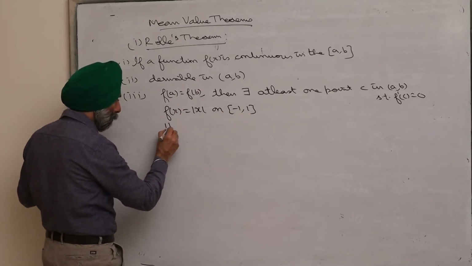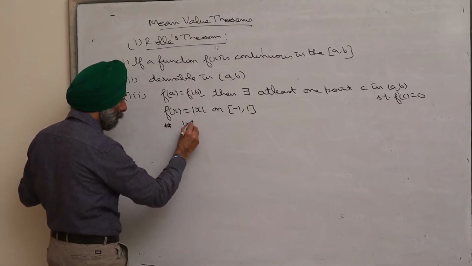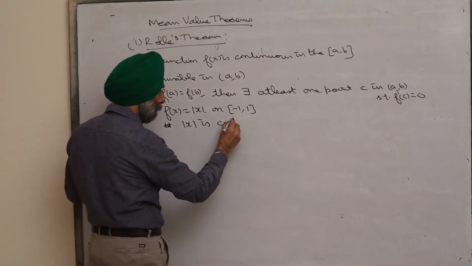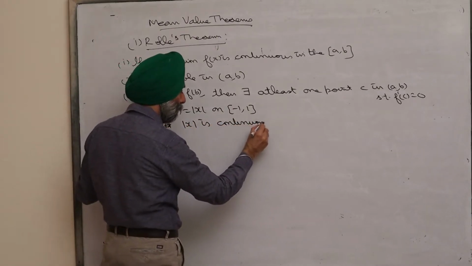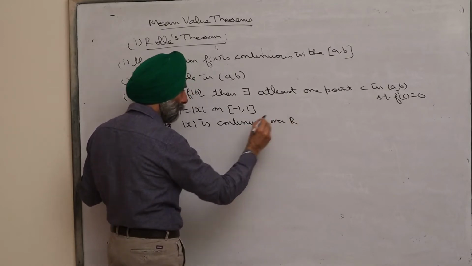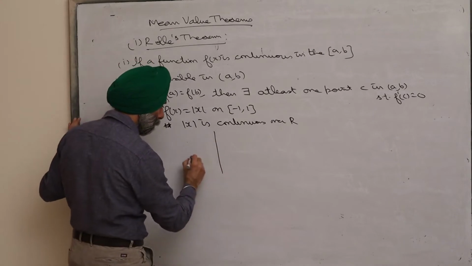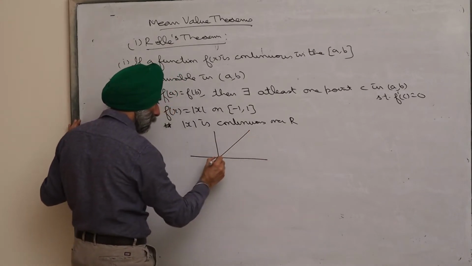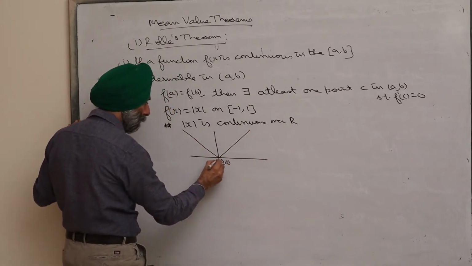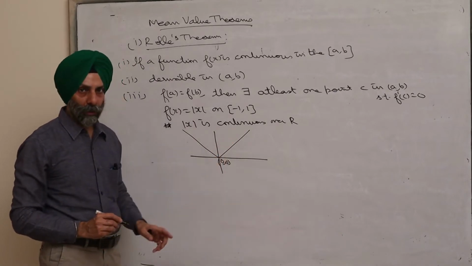Now mod x is continuous over R, that is the whole of the real line. You can see here this is the graph of the modulus function. So it is continuous overall.